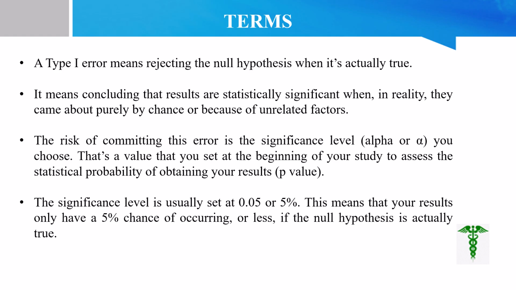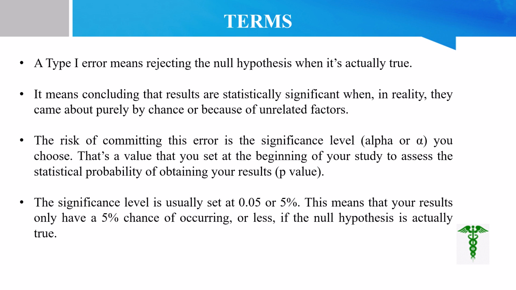These errors can happen by chance or because of unrelated factors. Because of this error there is some risk, and we call it the significance level, alpha. From that level we are getting this error.